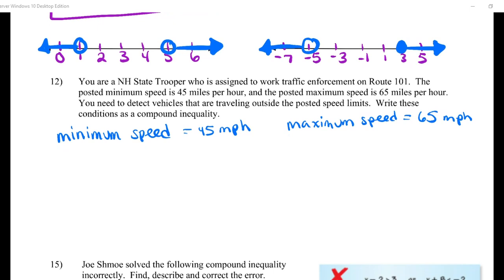So if the minimum speed is 45 miles an hour, that would be all values greater than or equal to 45 miles an hour. If you can travel up to 65 miles an hour, if that's the maximum, that would be all values less than or equal to 65.